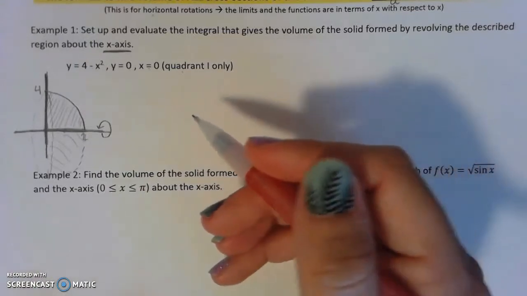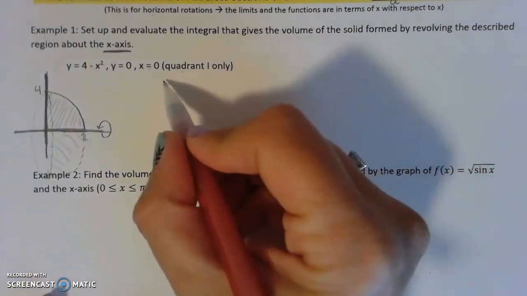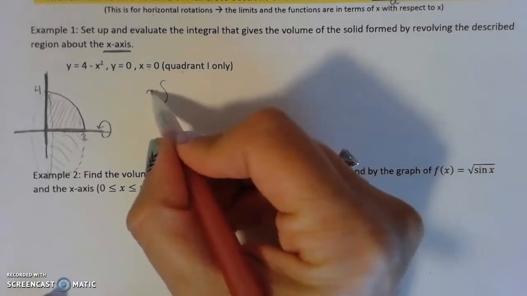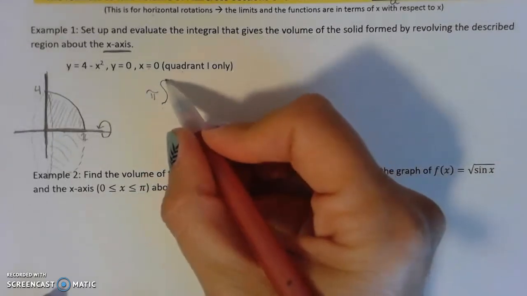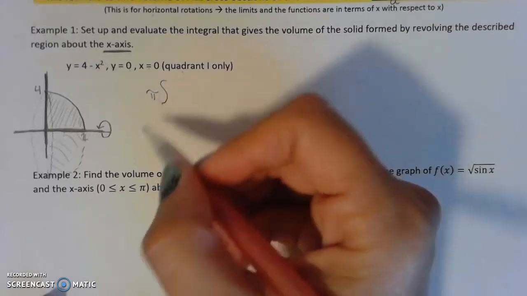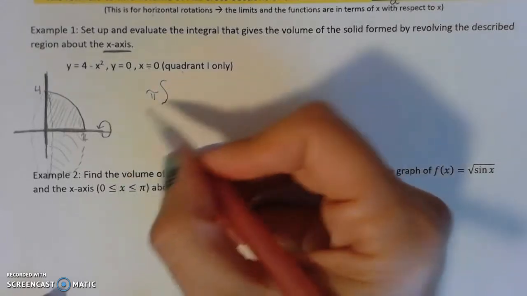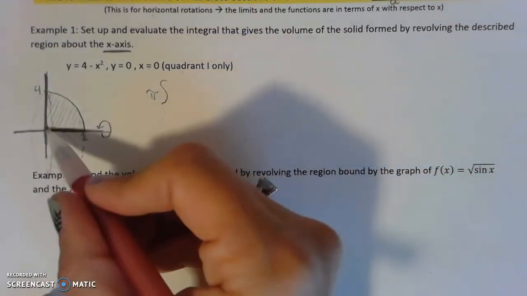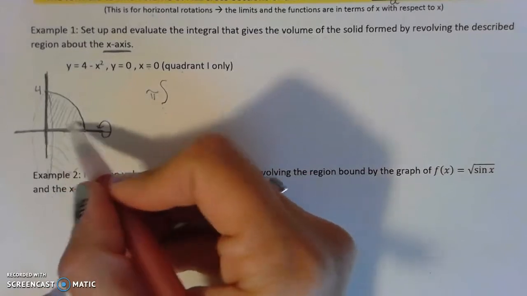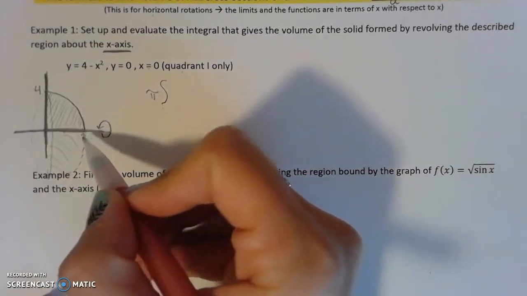So that means we need pi times the integral of our lower limit to our upper limit. Now remember, this is rotating about the x-axis, so these need to be in terms of x. So the smallest x we're going from is 0, and the biggest x we're going to is 2.